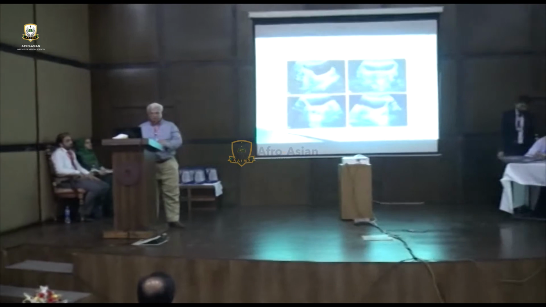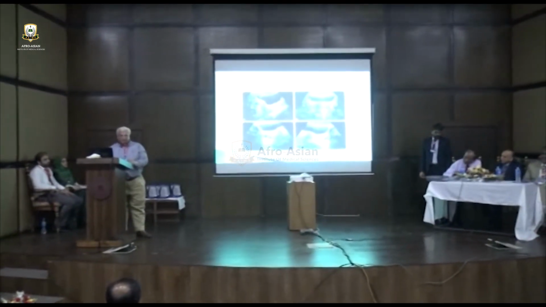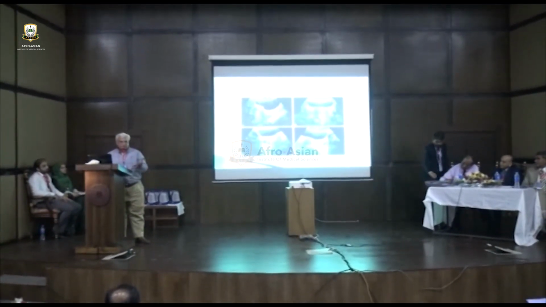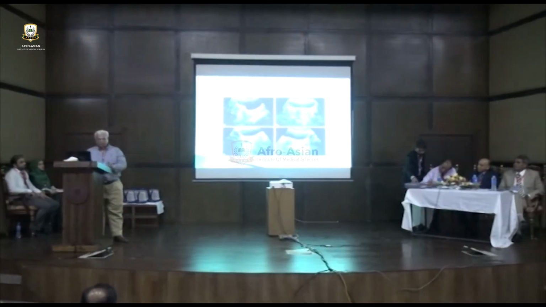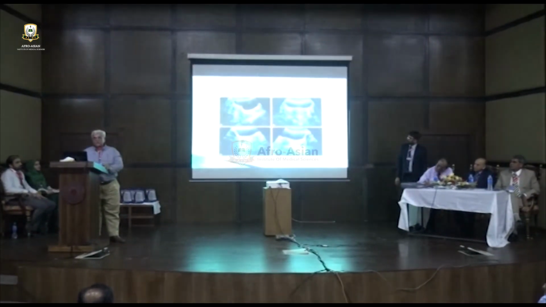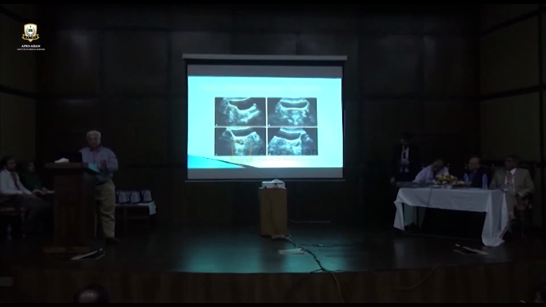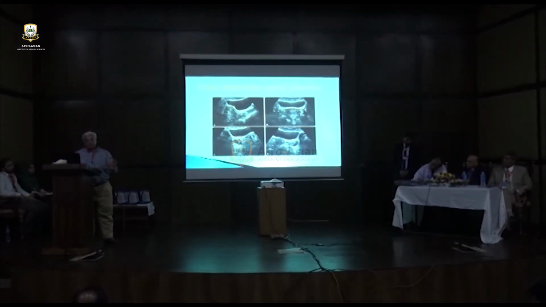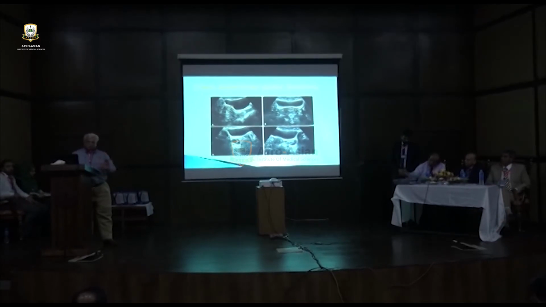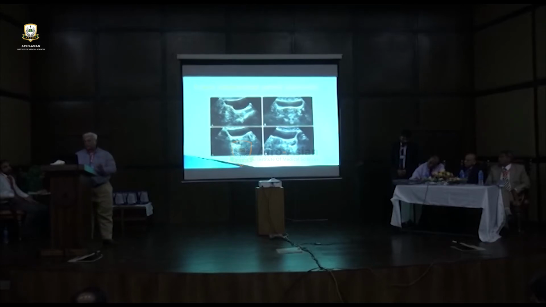On transabdominal ultrasound, the pelvic pathology is very simple. When you put the probe, remember the probe is just like your eye. It's a window. It can only show you in which direction you put it. You face it towards an organ and that will show you only that organ and nothing else.